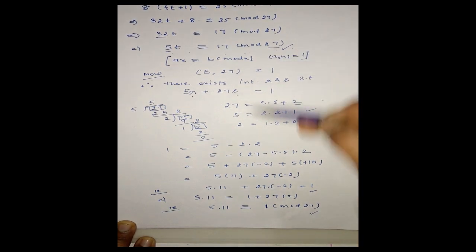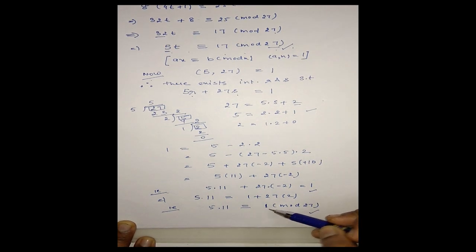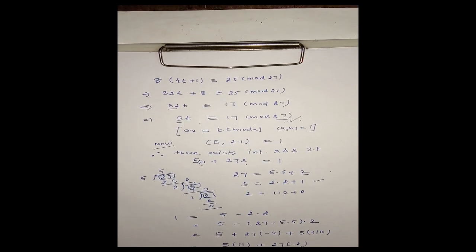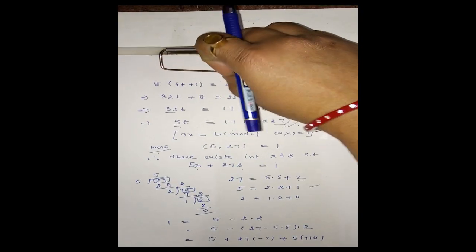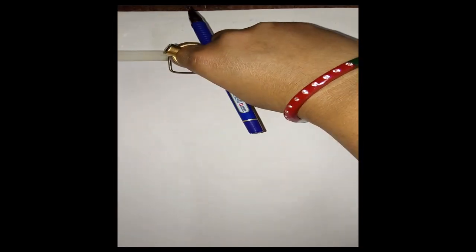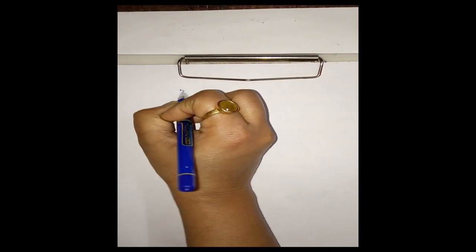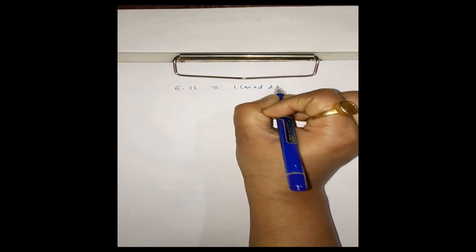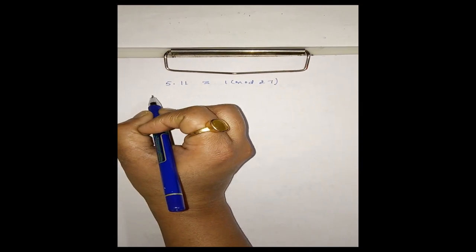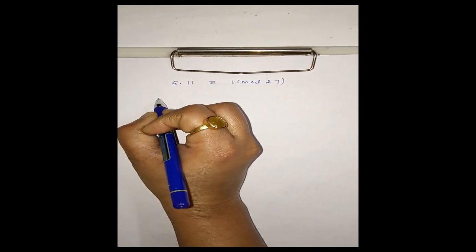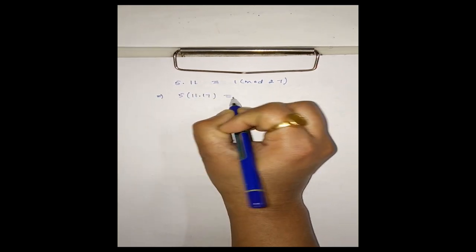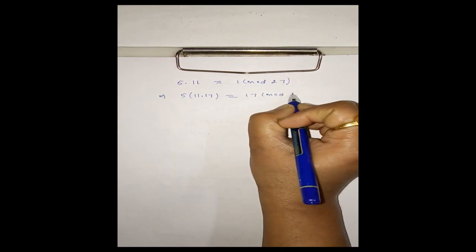So we will multiply by 11 both sides in order to have the form like this. Now if I again write this congruence, we have 5 into 11 is congruent to 1 modulo 27. Now multiplying by 17 both sides, we have 5 into 11 into 17 is congruent to 17 modulo 27.